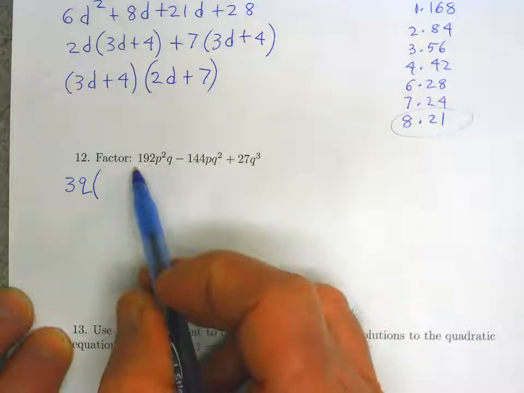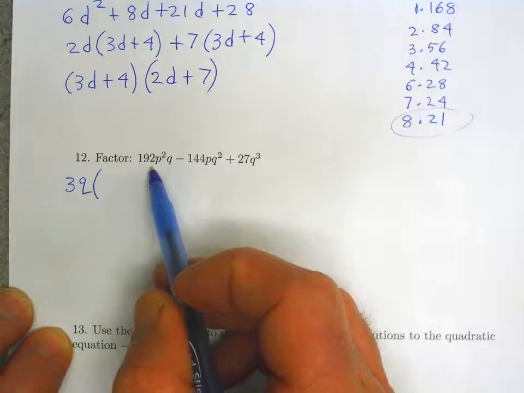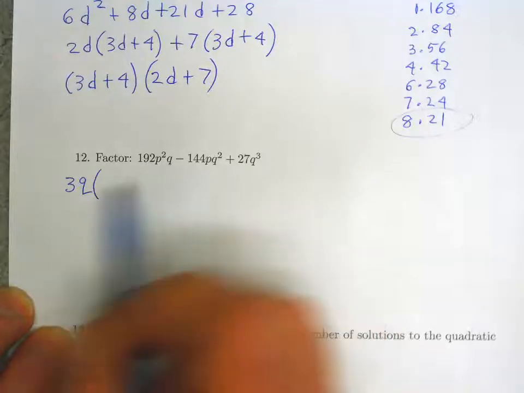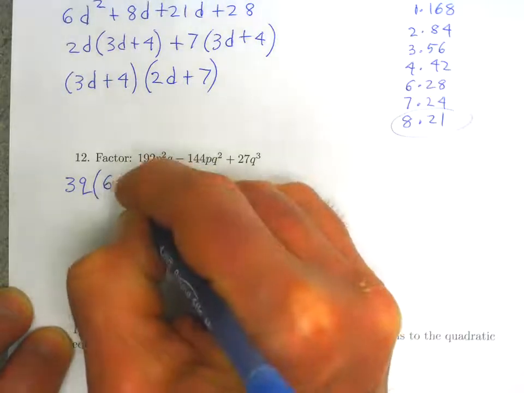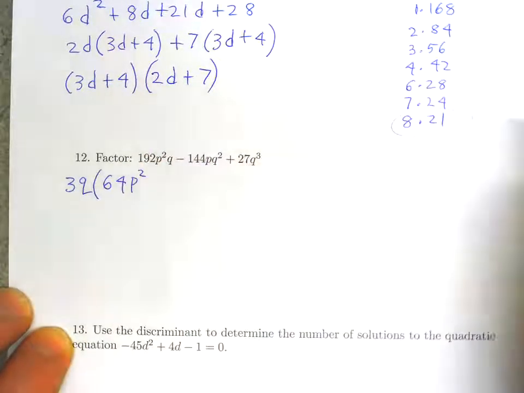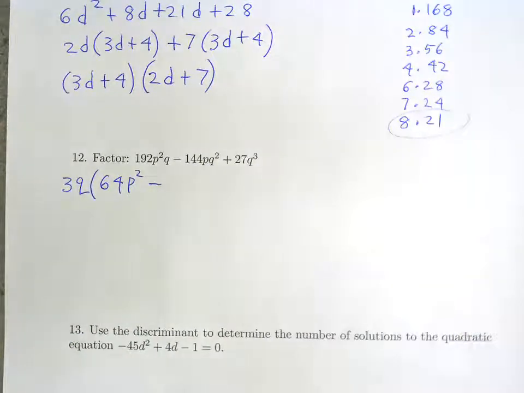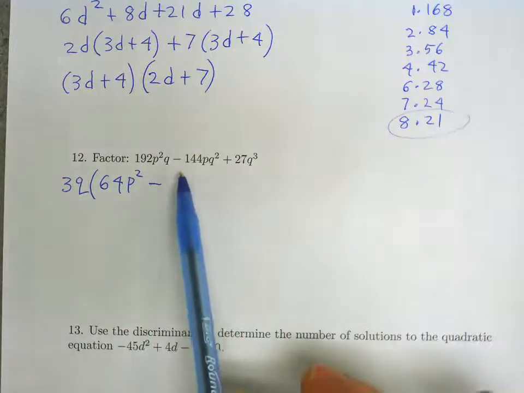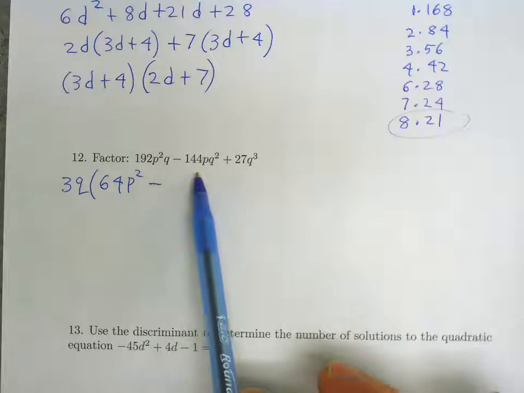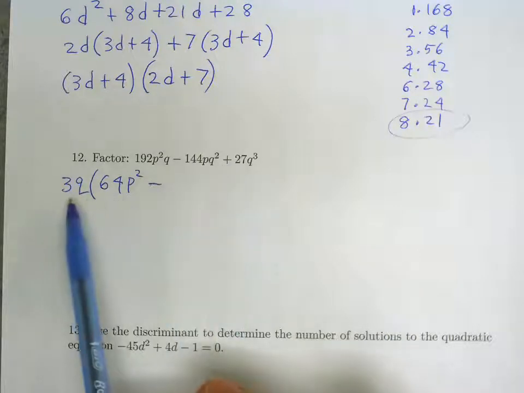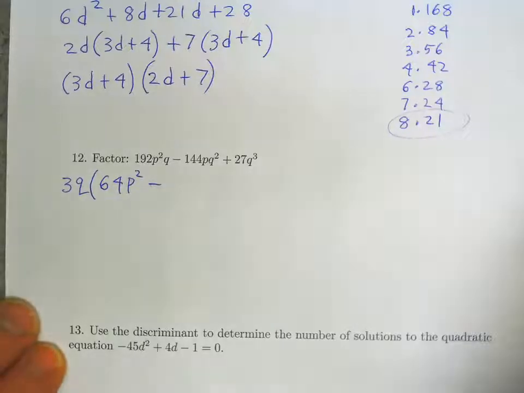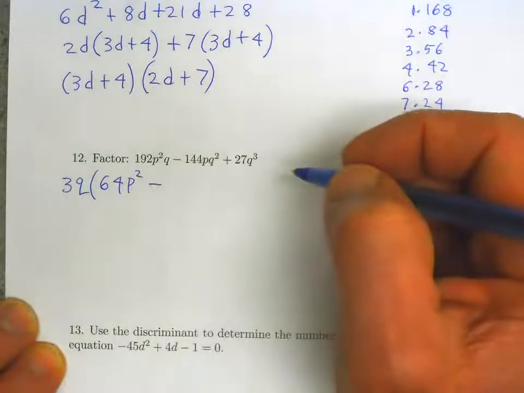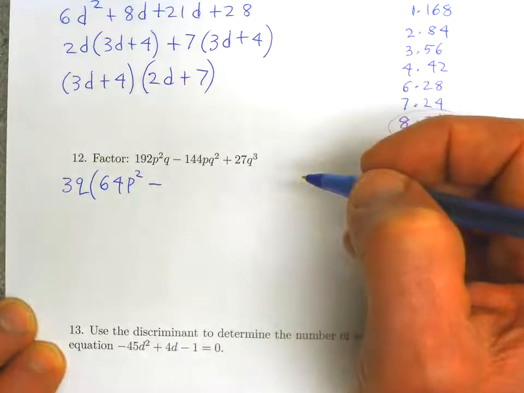And if you divide this first term, 192 p to the second q, by 3q, you're left with 64 p to the second. And then when you divide negative 144 p q to the second by 3q, you're going to be left with minus 48 pq.